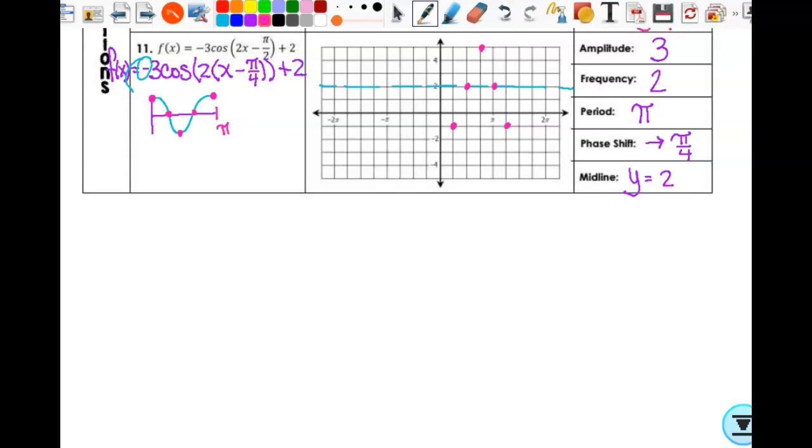So don't just copy mine down, but once you think you have your anchor points, check yourself with me, and then if you're good, you can go ahead and complete the graph. I'm going to leave it at this stage, though, that way, if you're looking up and down, you're not confused about what to do. Okay?